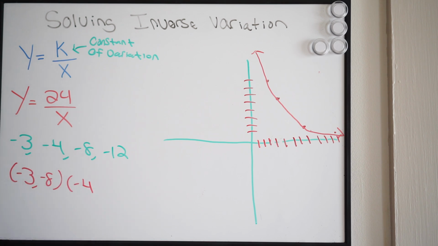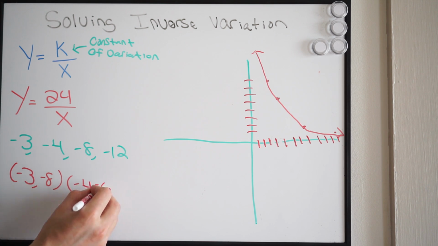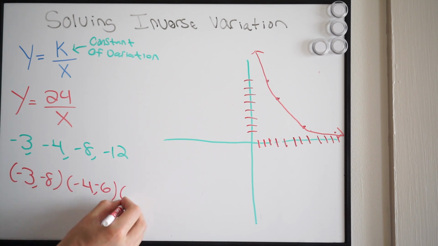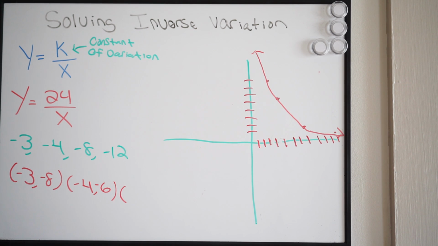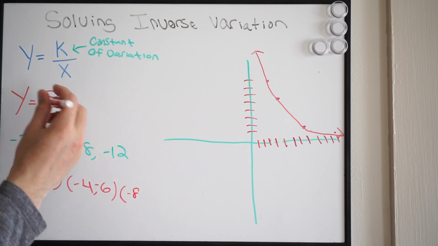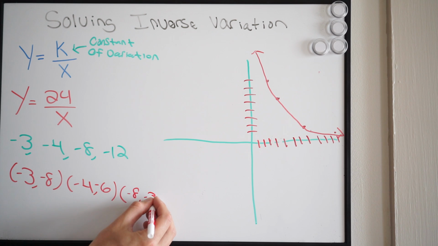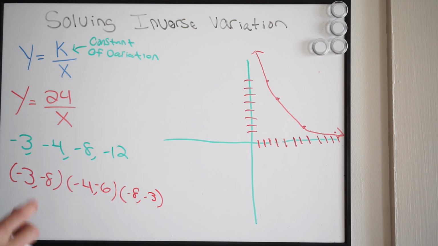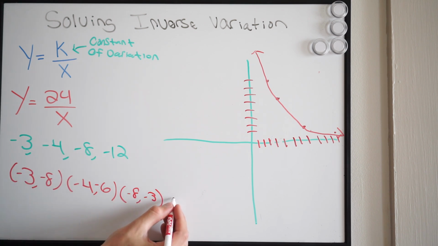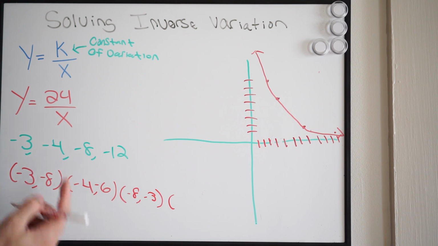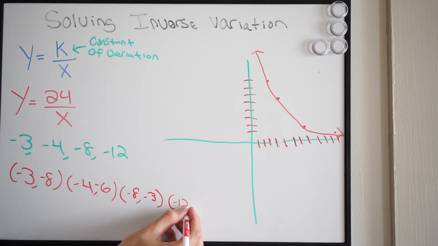When I plug in a negative 4, I'll get negative 6. When I plug in a negative 8, I'll get a negative 3. And when I plug in a negative 12, I'm going to get negative 2.